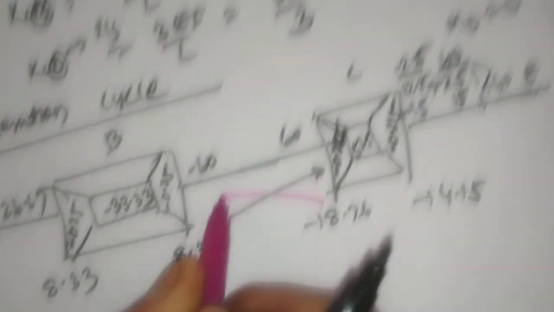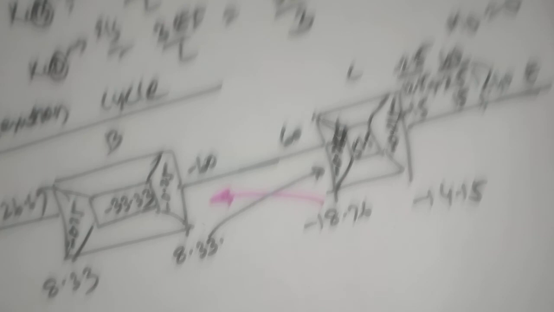This 18.76 will be siphoned to this particular value, which is minus 33.33 minus 18.76. This is the net value, 52.08. Multiply by minus 0.25, and its value is 13.02.